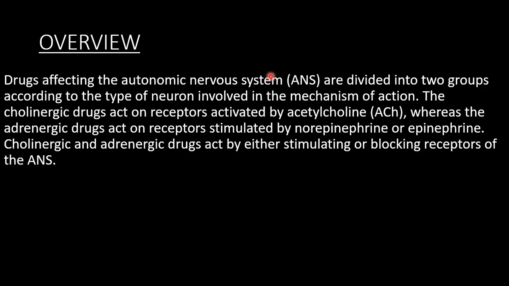Those that stimulate are the agonists, and those that block the receptors are antagonists. So you can have cholinergic agonists and cholinergic antagonists. The other name for cholinergic agonists is cholinomimetics, and cholinergic antagonists are your cholinolytics.